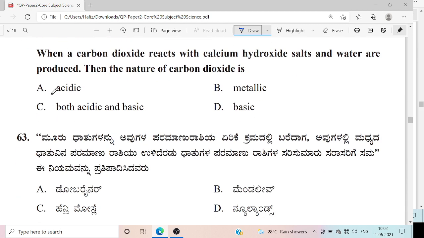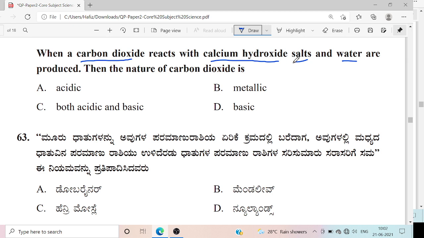Okay, next question you can see here: when carbon dioxide reacts with calcium hydroxide, salt and water are produced. See, any reaction that produces salt and water is a neutralization reaction. Then the nature of the carbon dioxide they have asked, means two reactants. We have got carbon dioxide and calcium hydroxide.